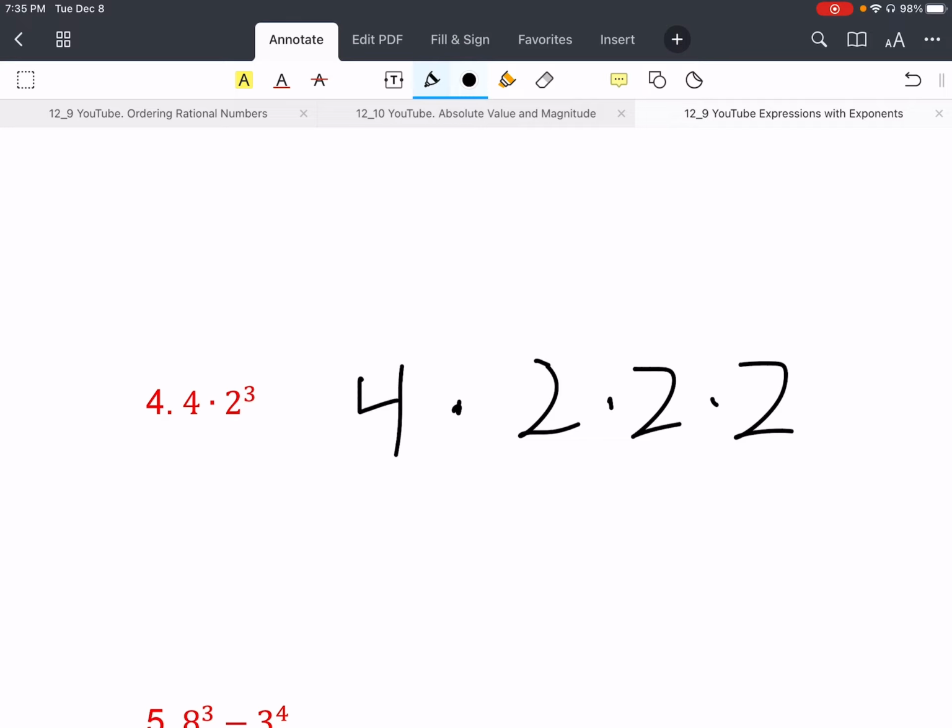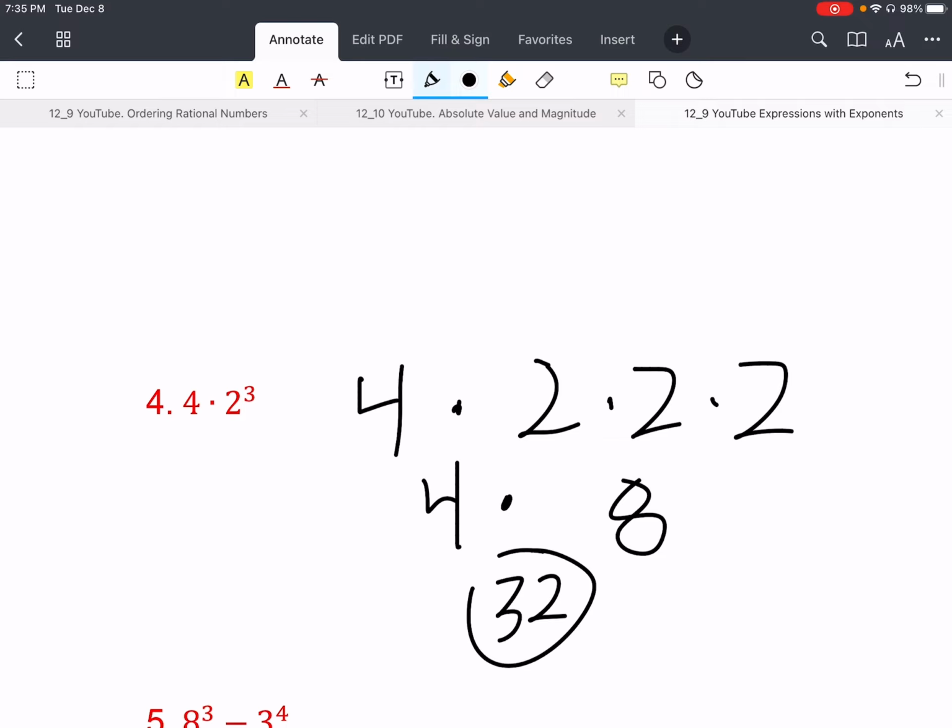Now that we have done that, we can multiply 4 times 2 times 2 times 2. Or if you want, if you know that 2 to the 3rd power is 8, you could multiply 4 times 8. But once you've broken apart the exponent, the order does not matter.